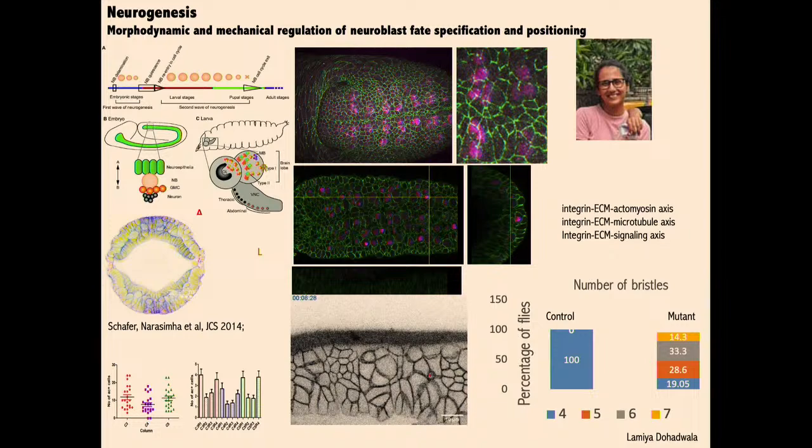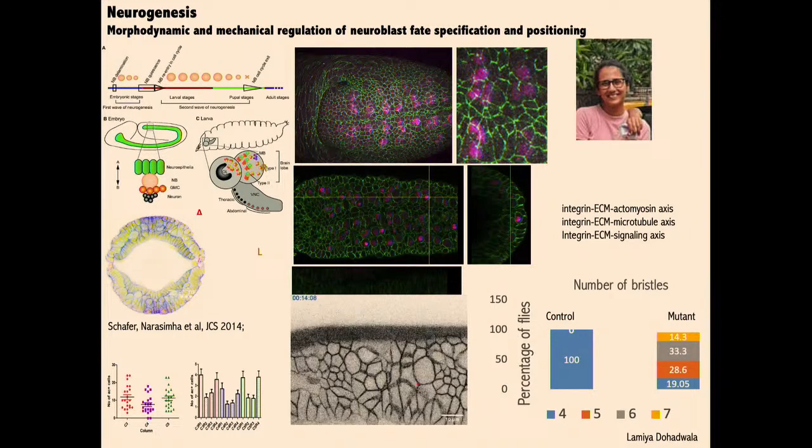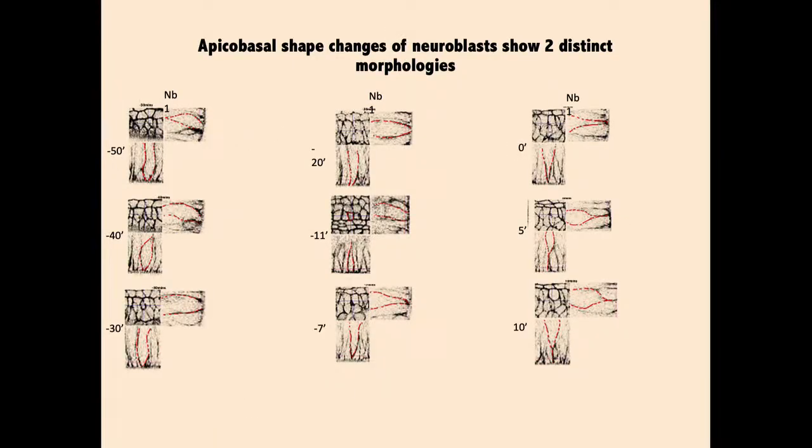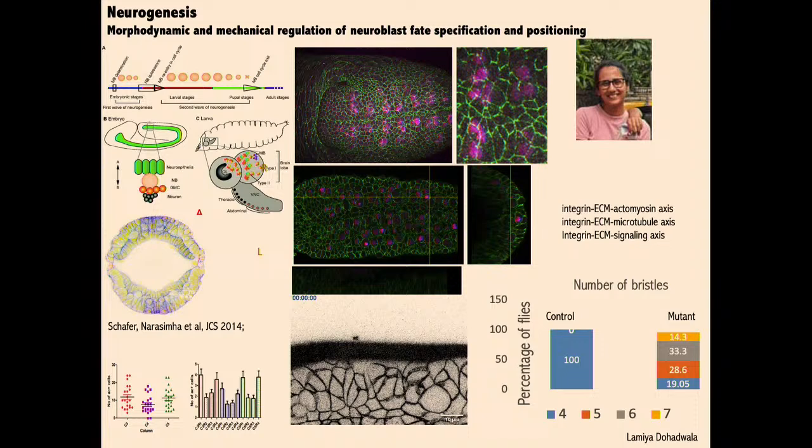I think I'll stop there and say that I'll just use one slide to say that the process that I described before, delamination, also happens in many places in the embryo.